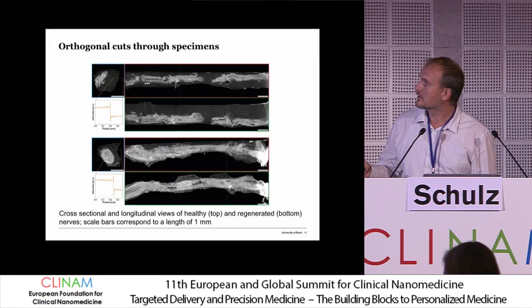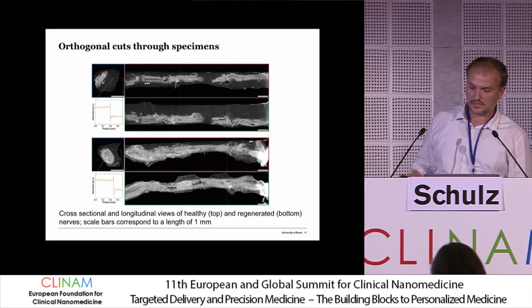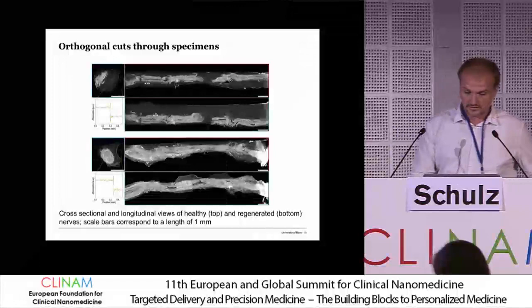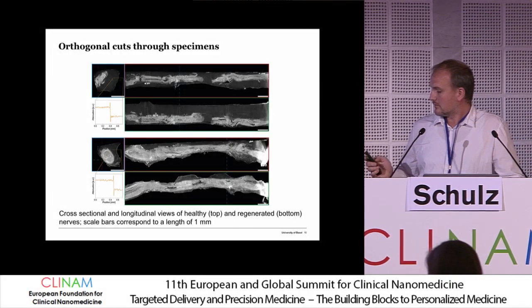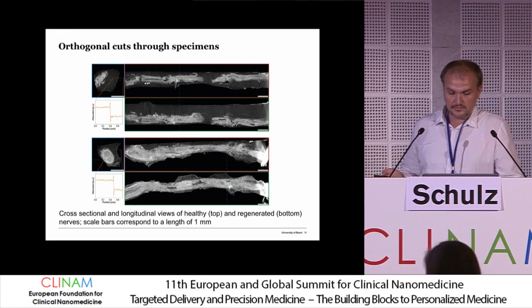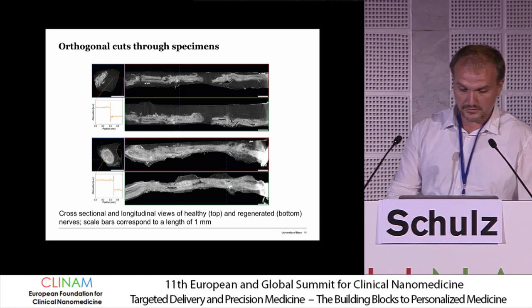There should be a line where this cut is located in the cross section. The scale bar here corresponds to 1 millimeter.